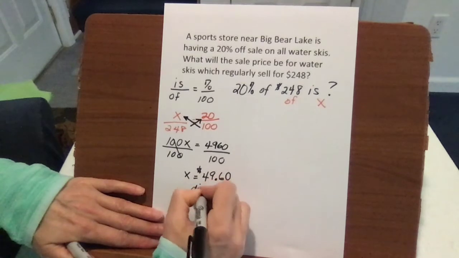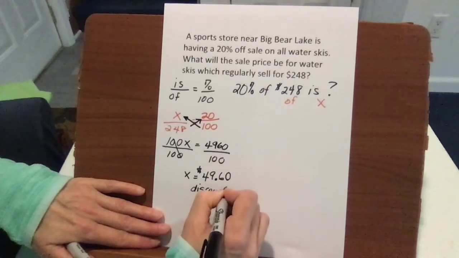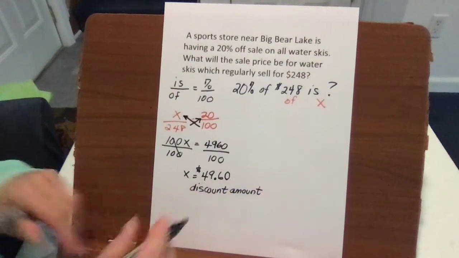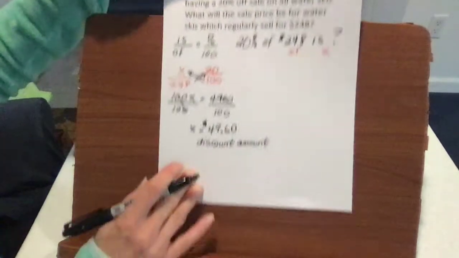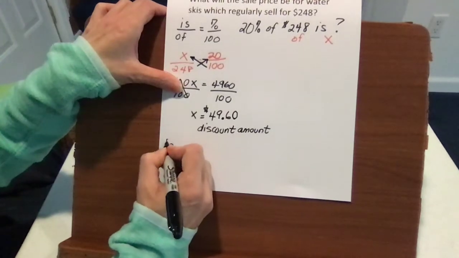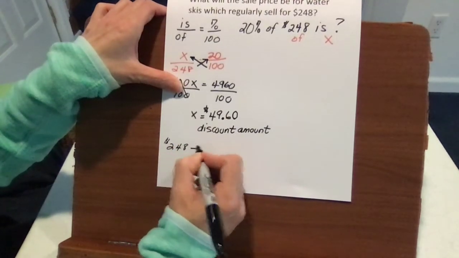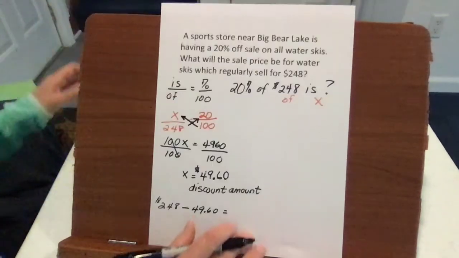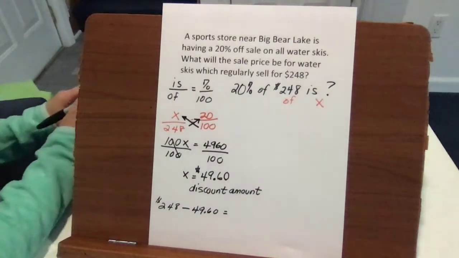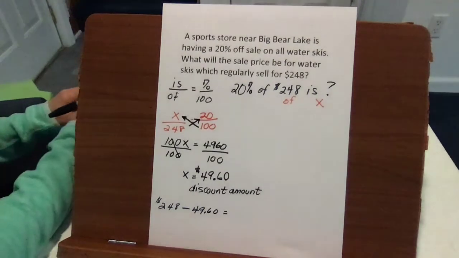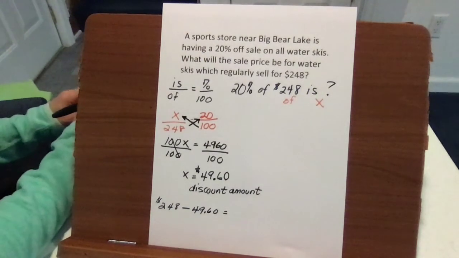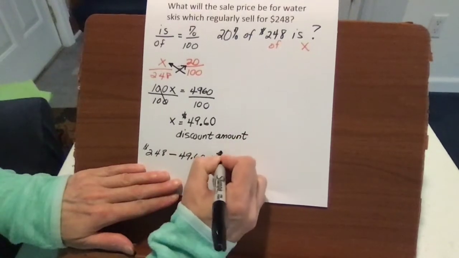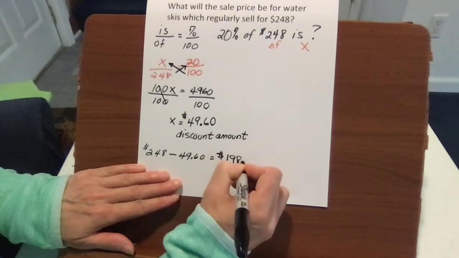So this is how much is coming off the original price. So now one more step: take $248, which is what it was originally, and subtract off $49.60. When we do that, $248 minus $49.60, we're going to get $198.40.